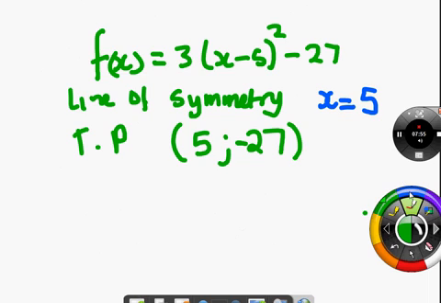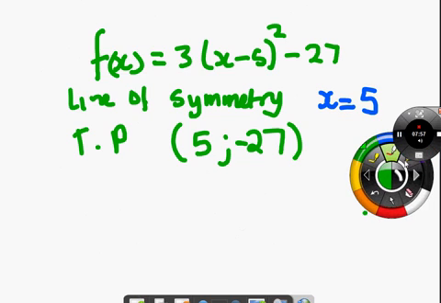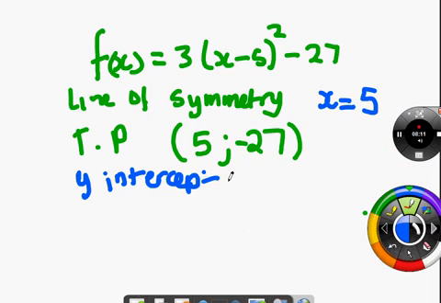And now we're going to find our y-intercept, the easiest one. The y-intercept is when x is equal to 0.